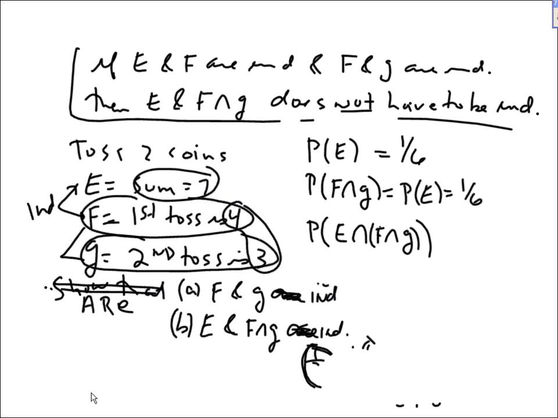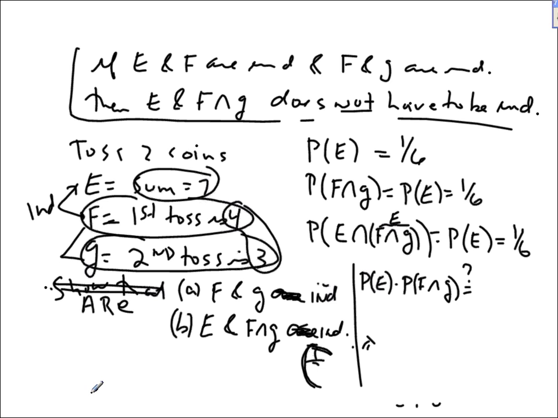Now remember, F intersect G is just E. What's the probability of E intersect, well, what is E intersect E? It's E. Probability of E is a sixth. And this is where it falls apart. The probability of E times the probability of F intersect G, does it equal the probability of E intersect F intersect G?